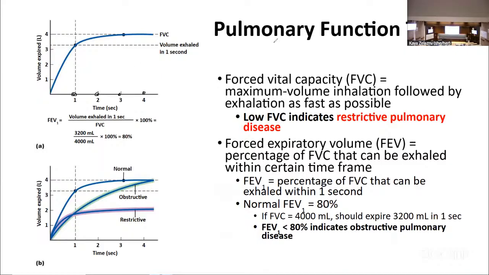So the forced vital capacity is focusing just on the amount part. Here we can see the forced vital capacity up there. And just based on this forced vital capacity, we can already narrow down our lung function, because remember, if we have an issue with compliance, our lung doesn't get as big as it should because that tissue is resisting it.